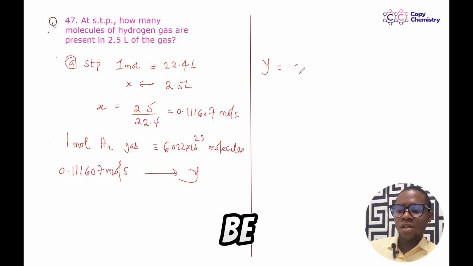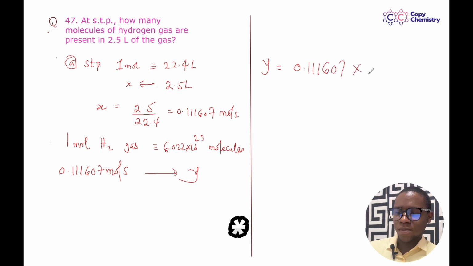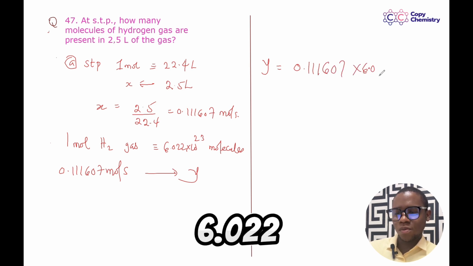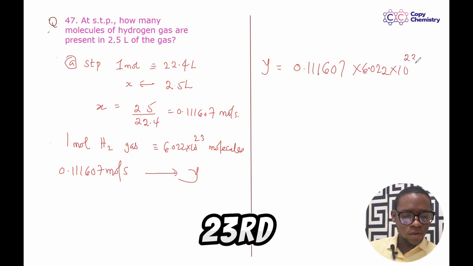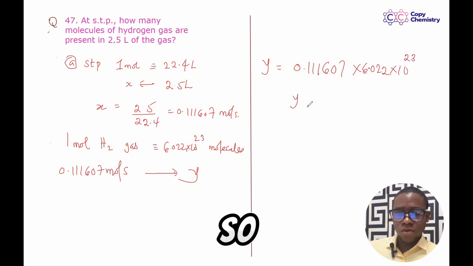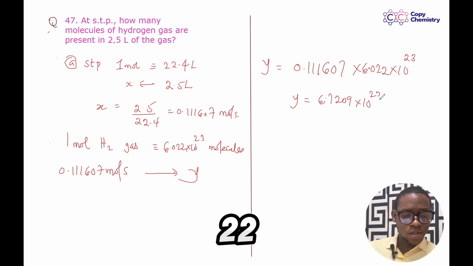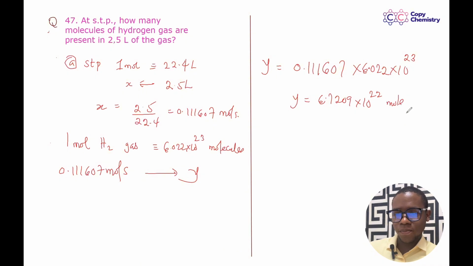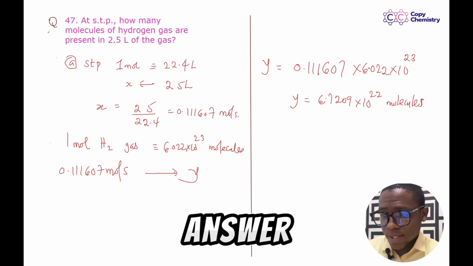Y will be 0.111607 times 6.022 times 10 to the 23rd power. So Y becomes about 6.7209 times 10 to the 22 molecules. That should be our final answer.